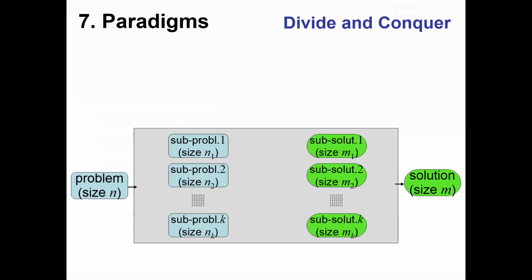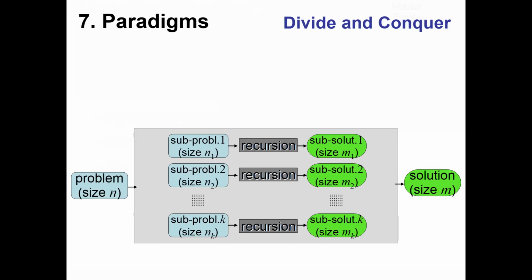And then consider the solutions to these subproblems individually, separately. So the solution to the first subproblem may have size m1, the solution to the second subproblem may have size m2, and so on up to the solution of the K-th subproblem having size mk. That's the approach, and now we need to fill in the algorithm, of course, right?